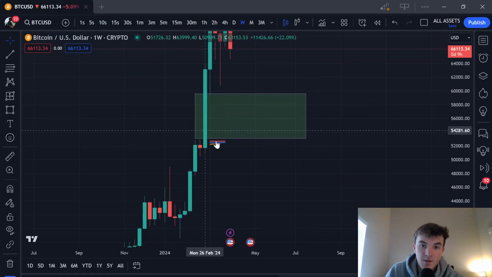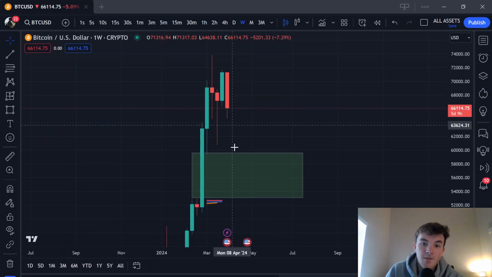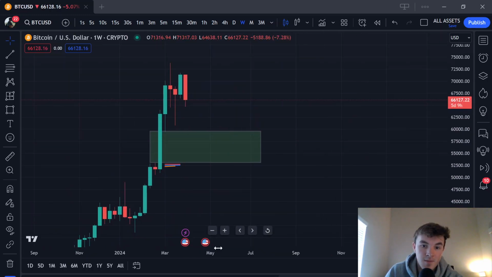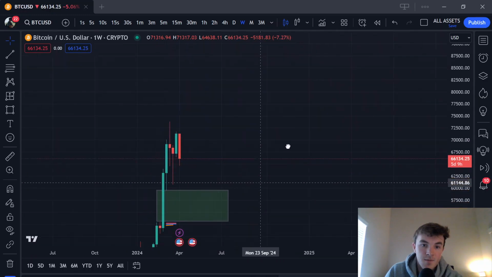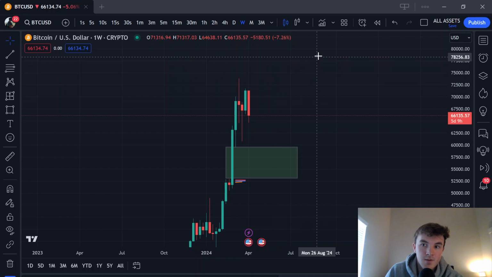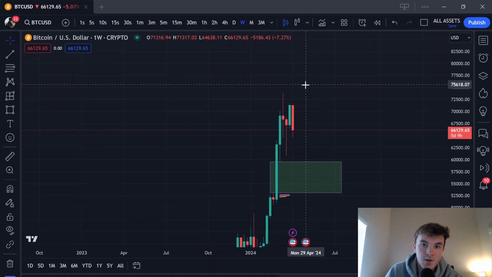So if price comes down here, fills this over the course of the next couple months, consider that a great opportunity. And if it doesn't, if it comes straight up, watch for if it's going to react and then come fill here.